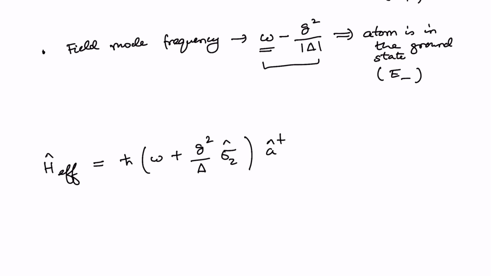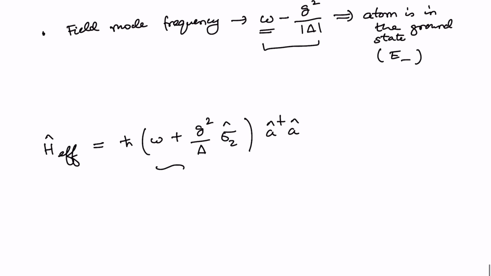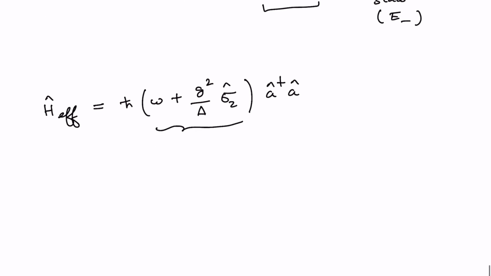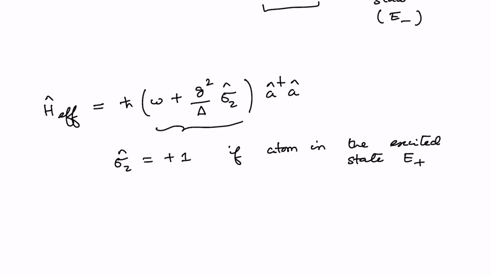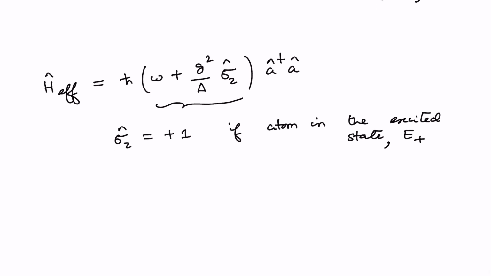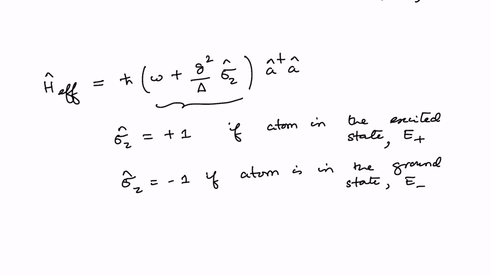This is the frequency of the field mode, that is the transmitted field mode, and sigma z is equal to +1 if the atom is in the excited state, say E plus, and sigma z is equal to -1 if the atom is in the ground state, that is, in the energy level E minus.